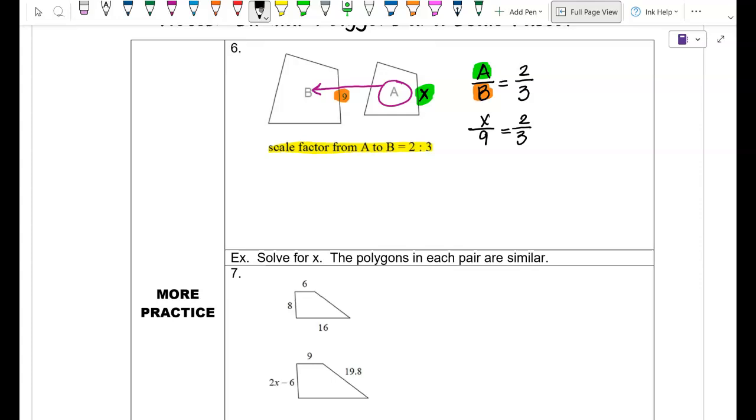And again, once I have the proportion set up, now it's back to solving by my cross product. So I'm going to start with my 3 times x is equal to my other diagonal of 9 times 2.